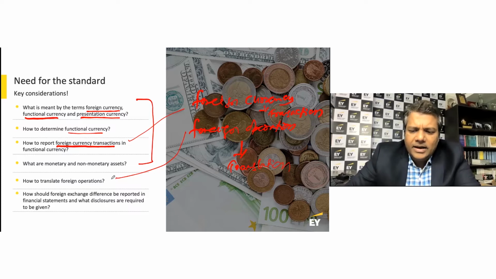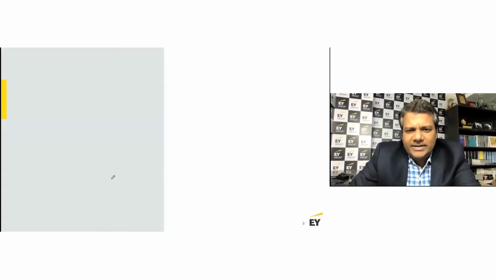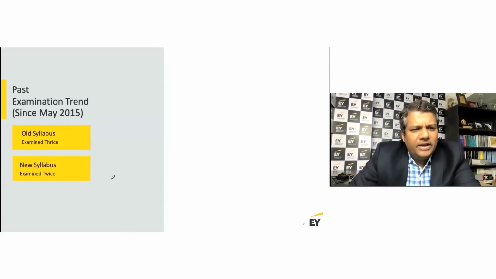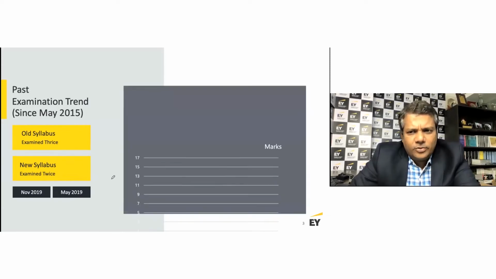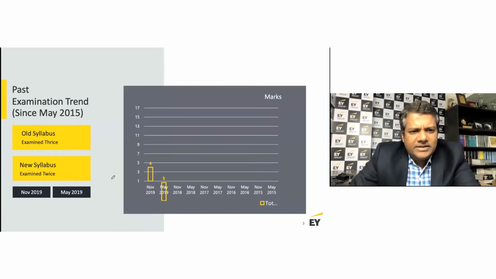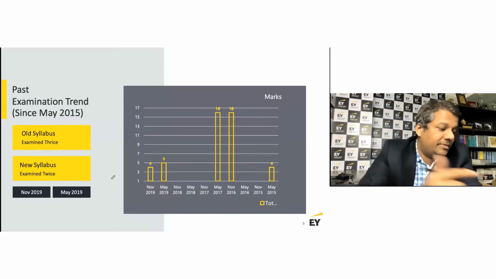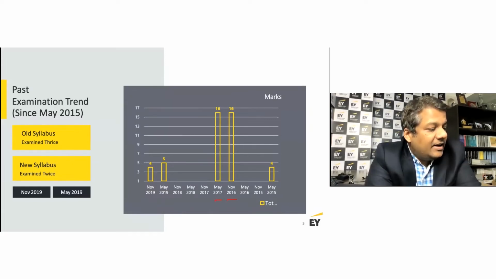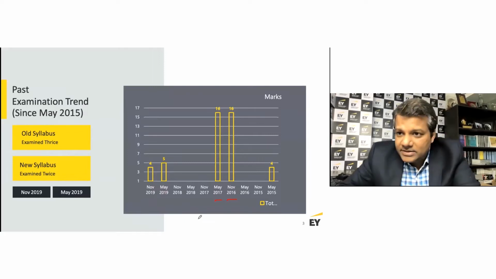right? From an accounting and reporting perspective, though it may not be very important from an examination perspective, right? And that is what we see, at least in the trends. So when I look at the trend of all the papers for the last several attempts, there are of course some questions, though in November 16 and 17 it was picked up like 16 marks each, right?